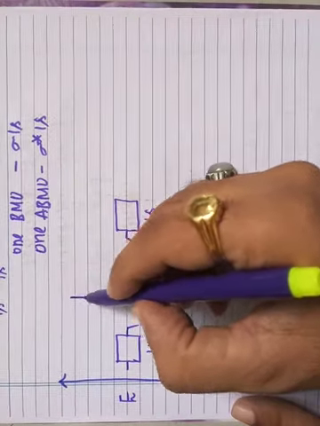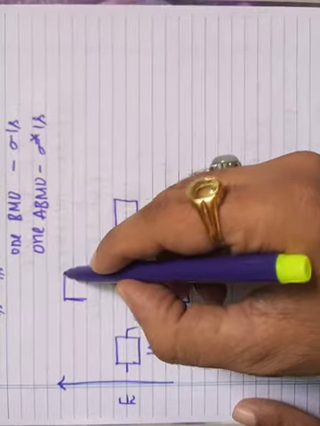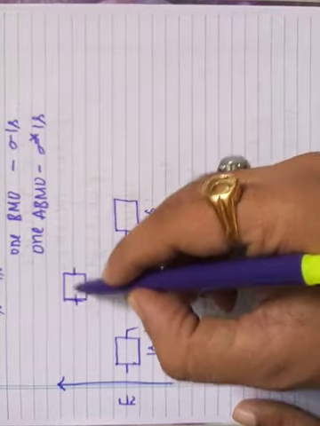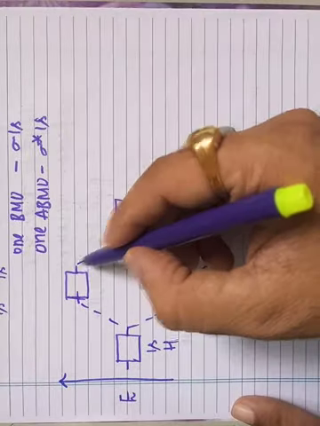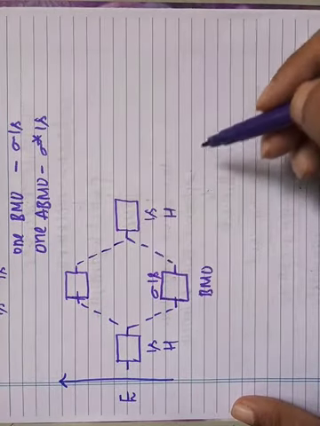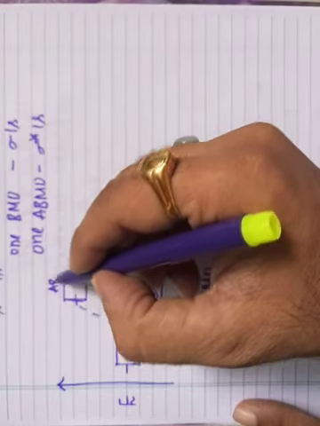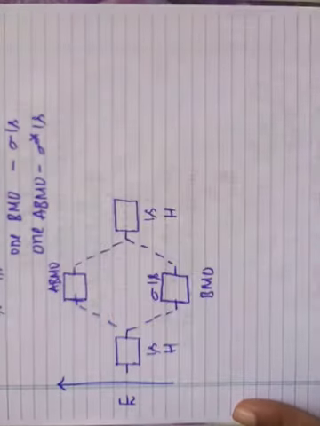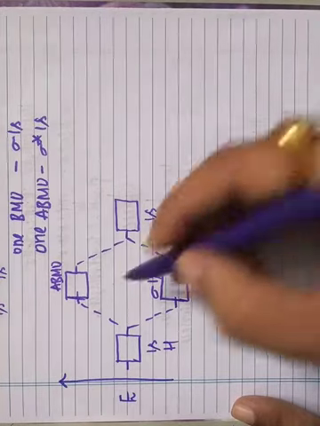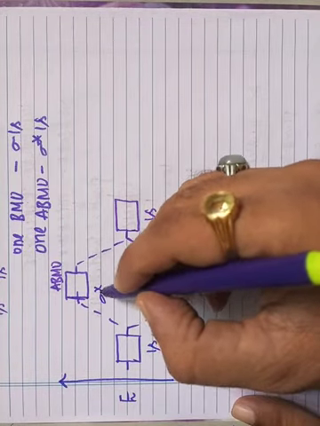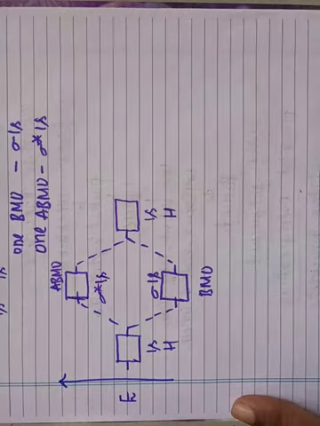And one more is the higher energy sigma star 1s orbital. This is the ABMO, anti-bonding molecular orbital, denoted by sigma star 1s.